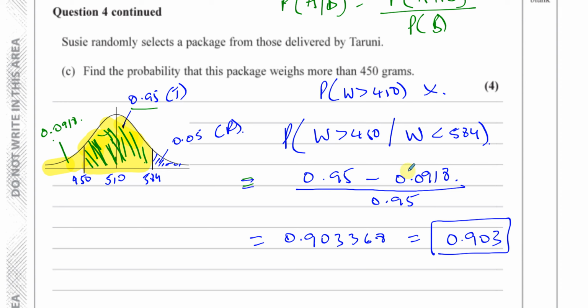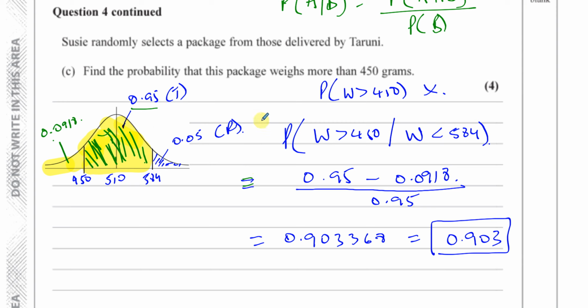We're trying to find the probability that it's greater than 450, so we need the area between 450 and 584. We already know the area here is 0.0918, and the area below is 95%. So 95% minus 0.0918 gives us this shaded area, and it's that area over the total sample space which gives us our answer.